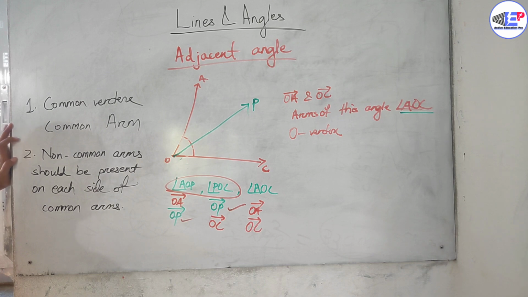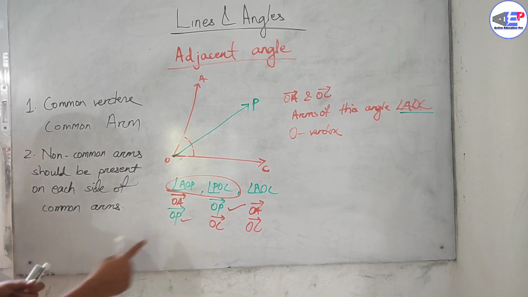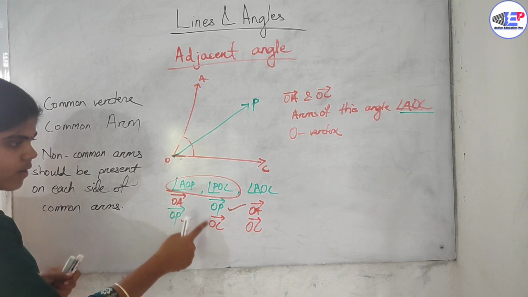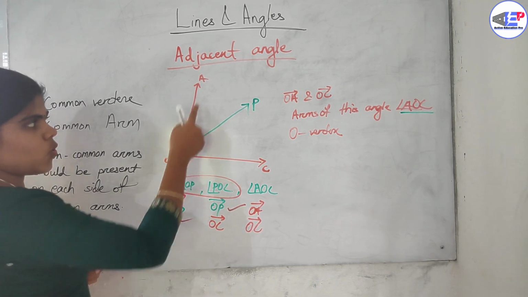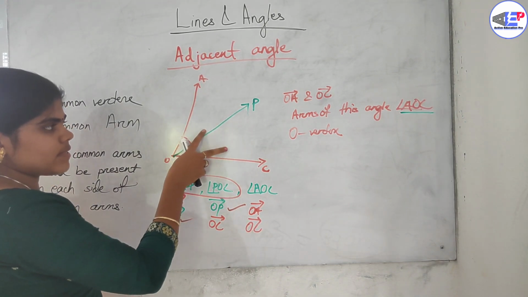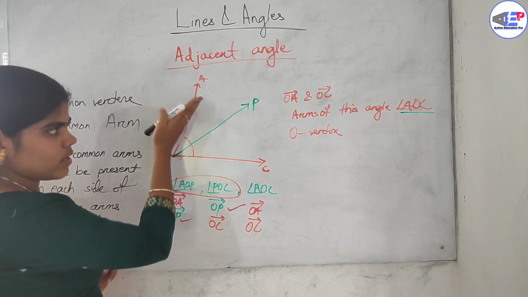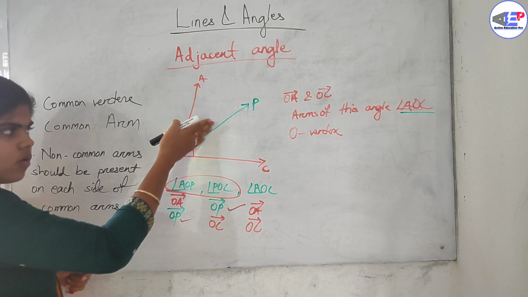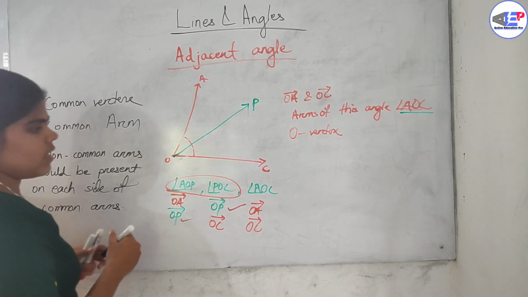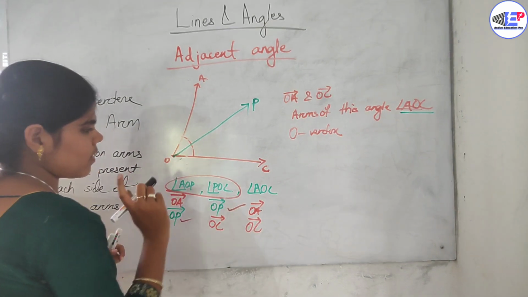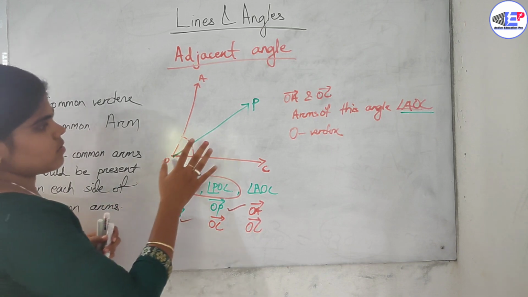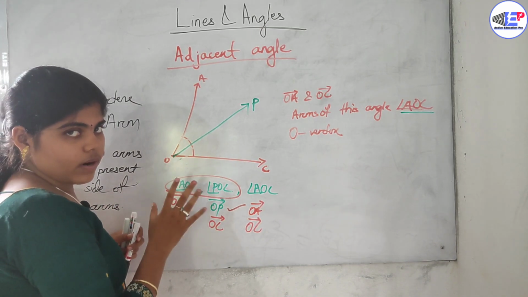Then the next condition: non-common arms should be present on each side of common arms. Here the common arm is OP, and OA and OC are the non-common arms. So OA and OC are present on each side of OP. One is on the lower side and one is on the upper side of this OP ray. So that's why you can say that these two angles AOP and POC are a pair of adjacent angles.